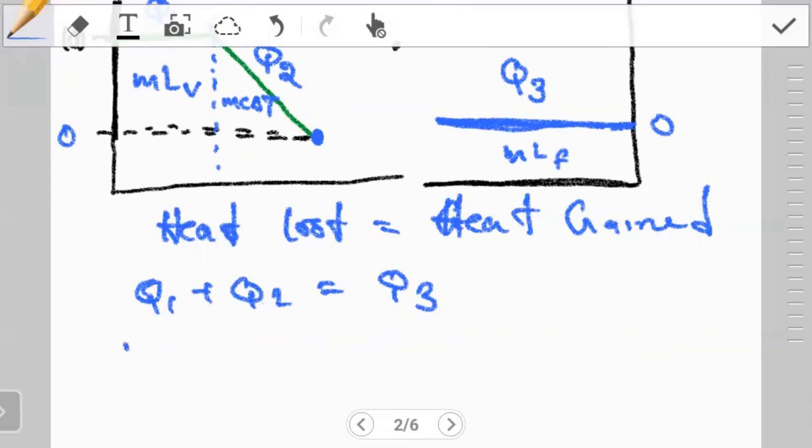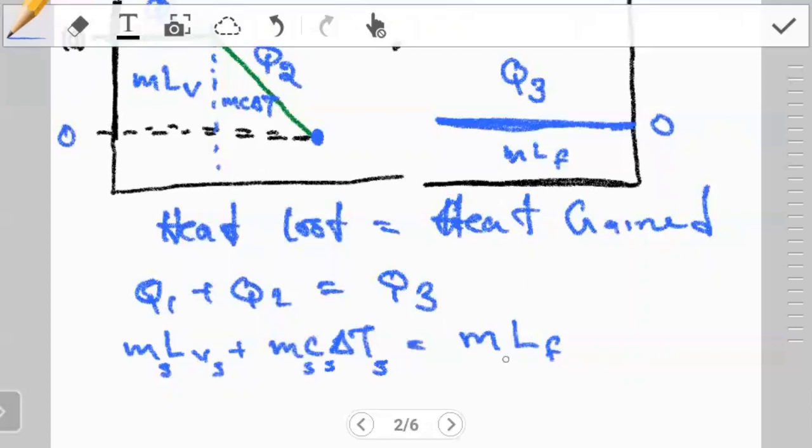What we have is MLV, and then this is plus MC change in T equal to ML fusion. We just want to distinguish. This is for steam, so I'll put S for steam. And then this is for ice, so I'll put I for ice.